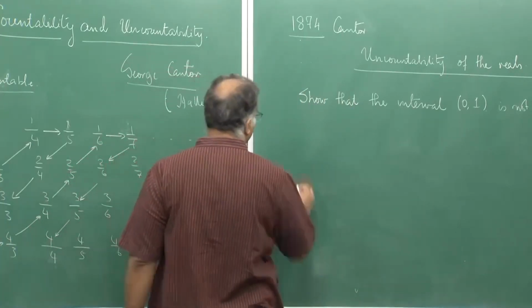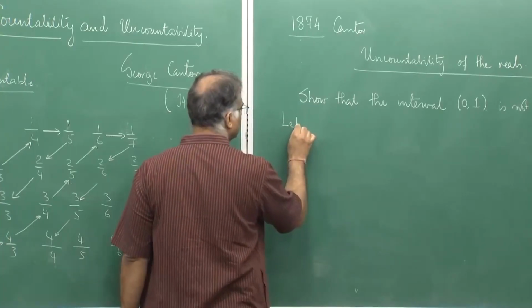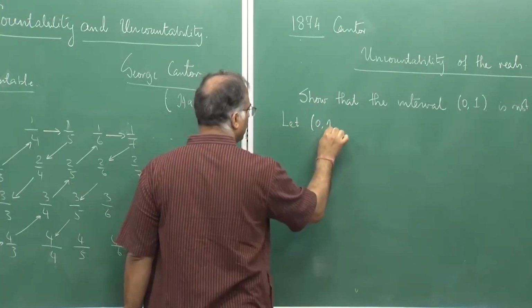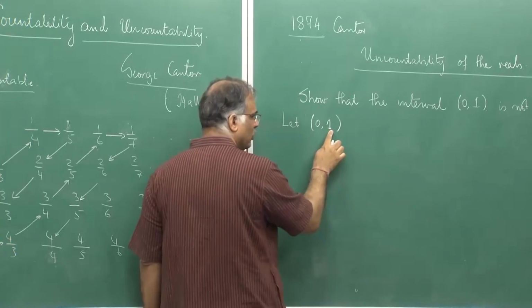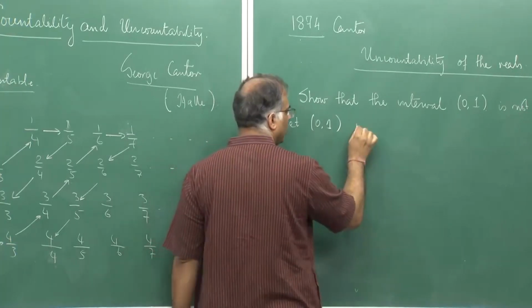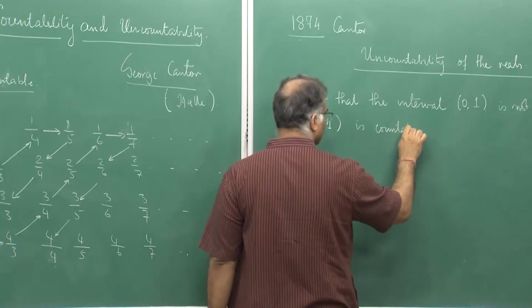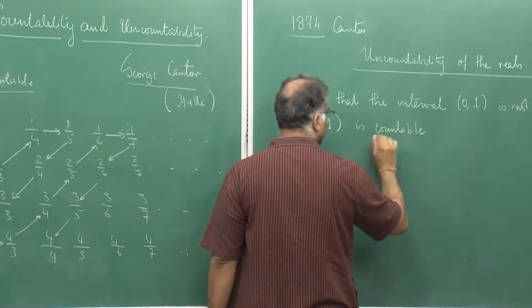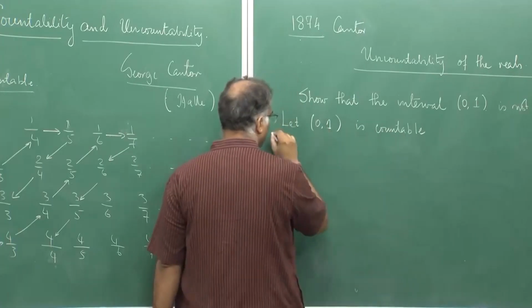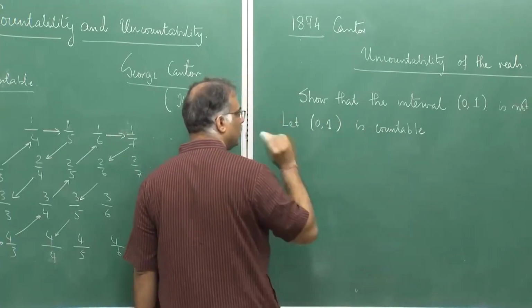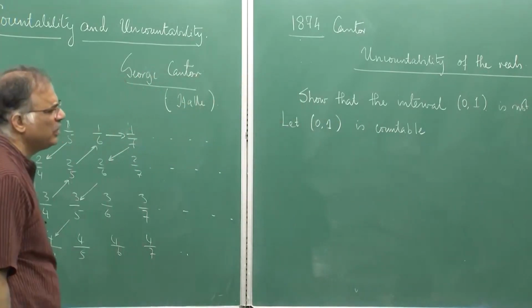So here we assume that (0, 1), remember 0 and 1 are excluded, is countable. So we are starting with this presumption. We are assuming that (0, 1) is countable.